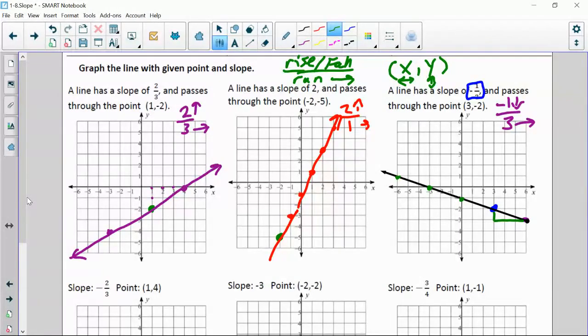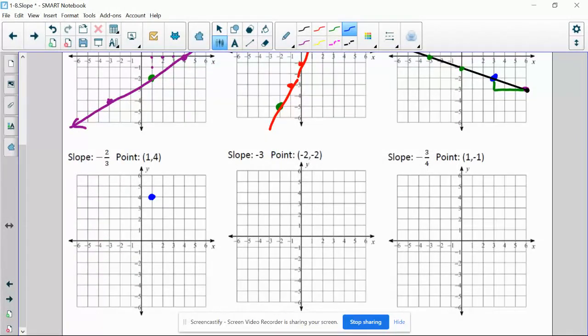All right. We're almost done, folks. Ordered pair. Now I have a negative again. So that means we're going to go down 2 and then run 3. So if we go down 2, here's my 1, 2, and then run 3. 1, 2, 3.